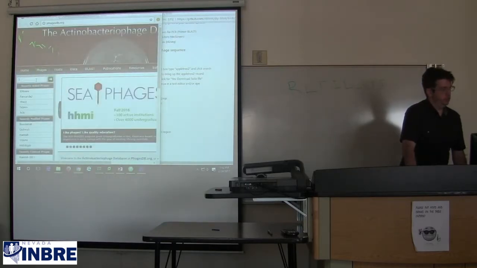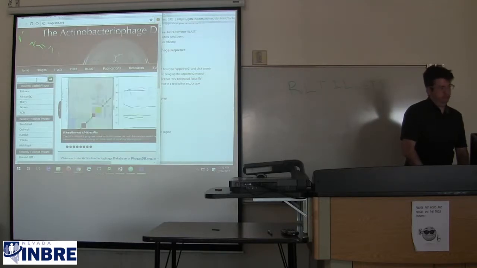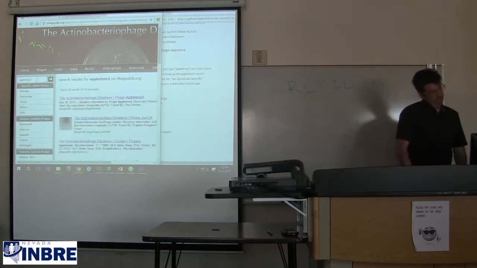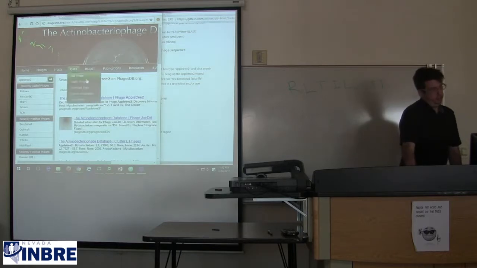And we're going to search in the search box over on the top left, right by the green button. We're going to just search for it by name. Apple Tree 2. And hit enter, and then we get to the Apple Tree 2 page.